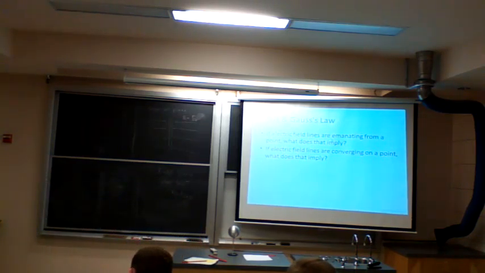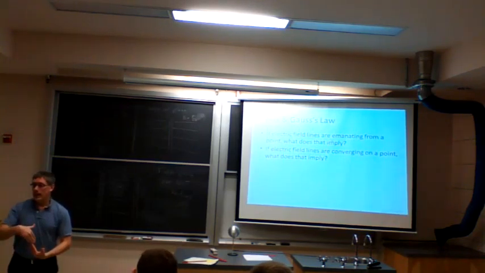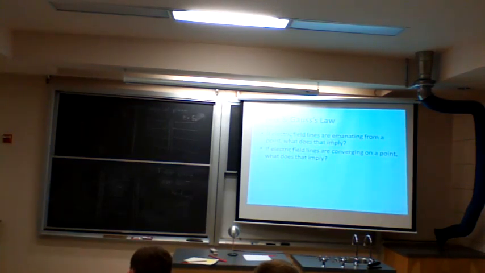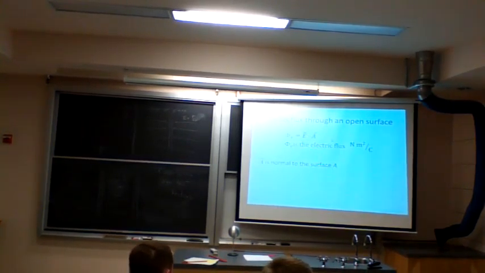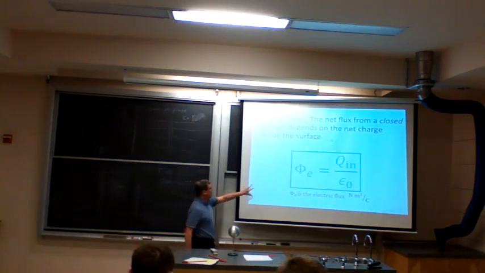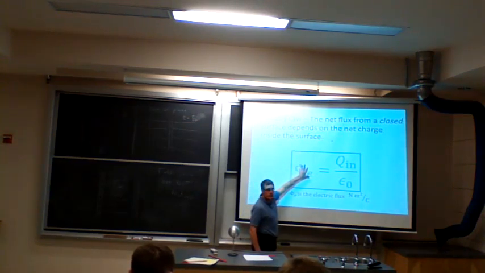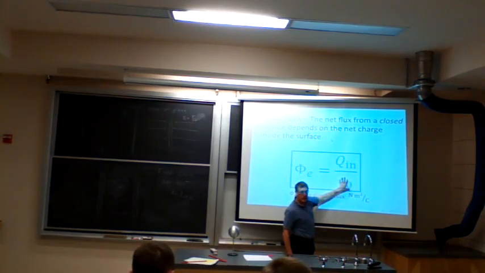Well, this whole concept that electric fields leave a net positive charge or go into a net negative charge has a law. So that's what I was trying to talk about with the surface. Where we're going is we're going to say, if we add up all the field lines going out of the surface, that'll be equal to the net charge inside the surface divided by epsilon naught.